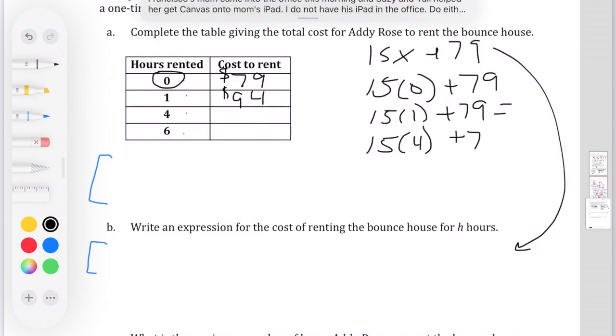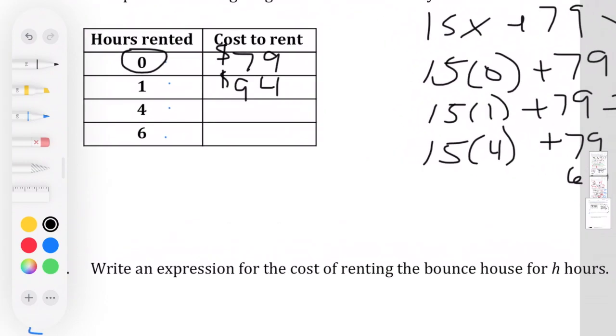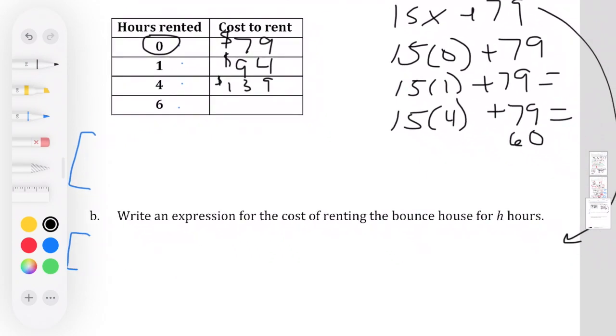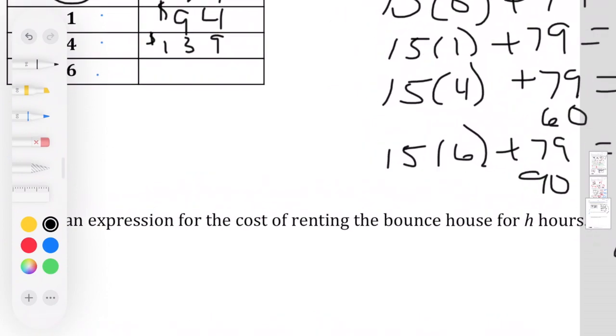We're going to add that to our 79, and 60 plus 79 now gives us a total of $139. Then if we want to use it for 6 hours, we go 15 times 6, which gives us 90. So 79 plus 90 gives us a total of $169. And that's how we go about filling out that table.